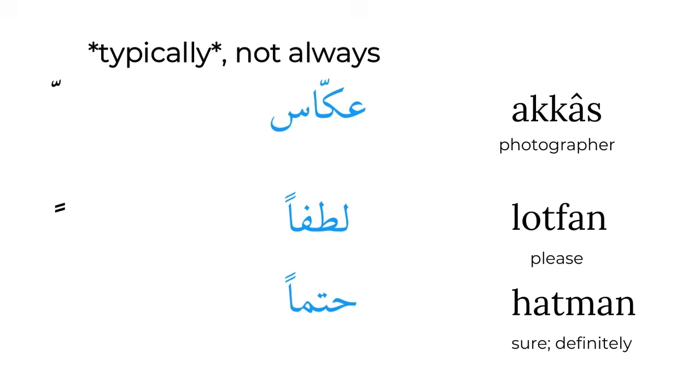And then two more of these diacritics that you might come across, but again, these are always omitted in writing. The top one that you see is called a tashdid, and it's a double consonant sound. So instead of reading this as akos, you have to pause on the k, akkos. This is similar to the double consonant in Italian.